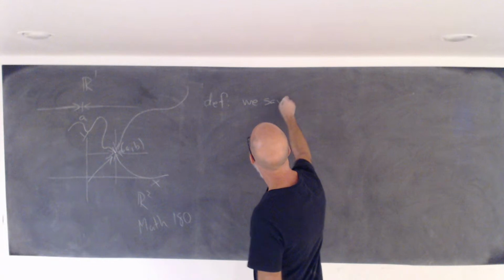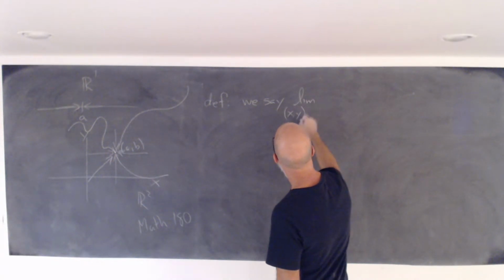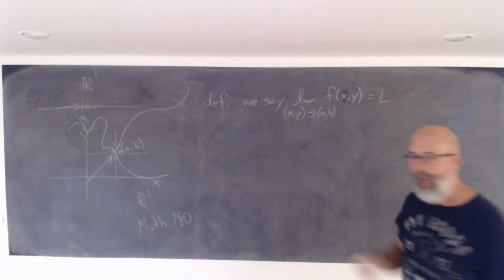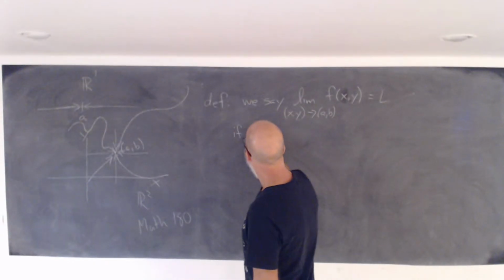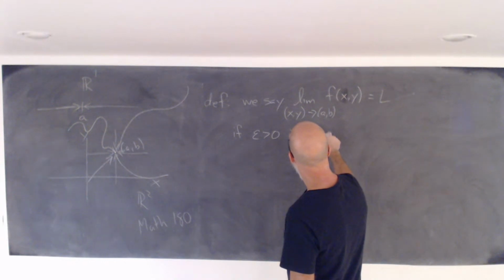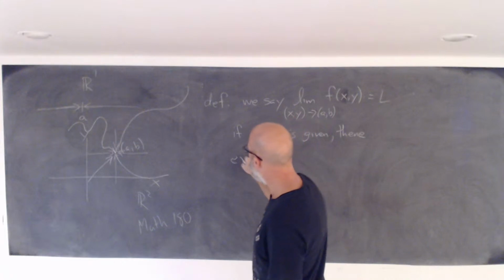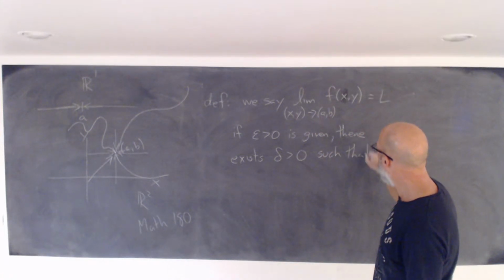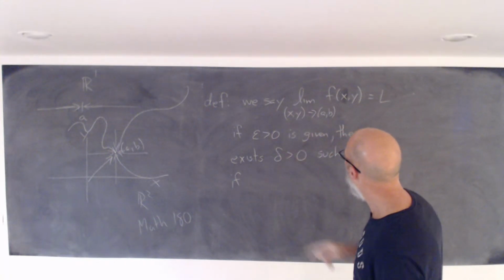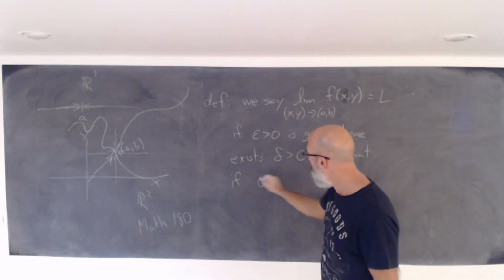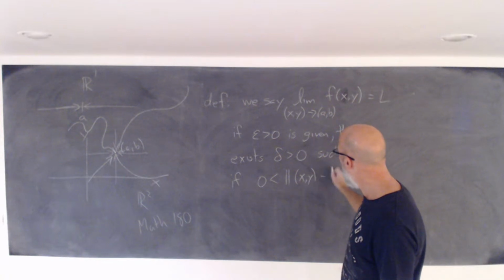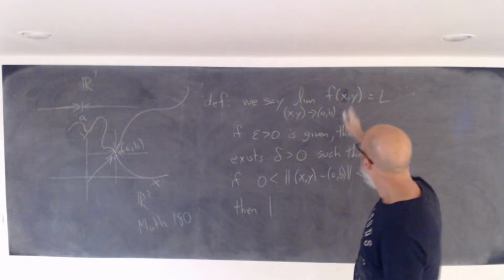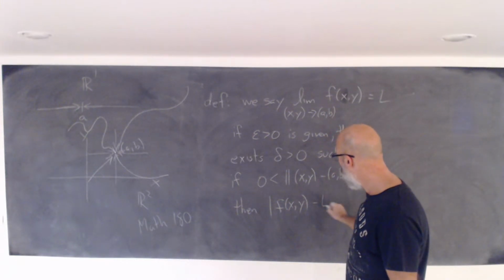We say the limit as (x, y) goes to (a, b) of f(x, y) is L if, for every epsilon greater than 0 given, there exists a delta greater than 0 such that if the distance between these two points is small, but not 0, then your function is close to L.